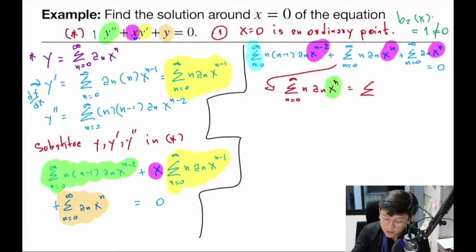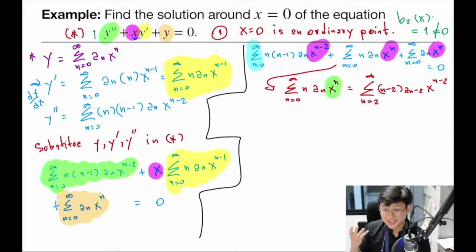Say summation, I want to change to x to the n minus 2, right? So I need to change the sum from n from 0 to n to 2, to infinity. And then for any n, I replace it with n minus 2. So here it's going to be n minus 2, a n minus 2, x to the n minus 2. See?